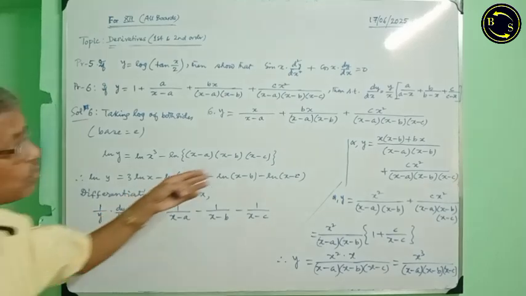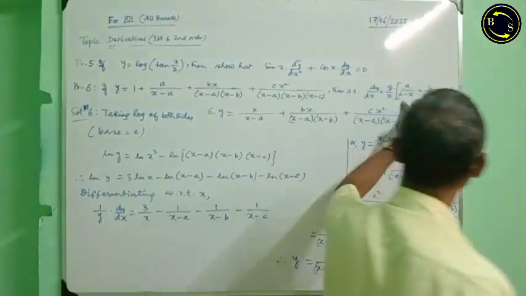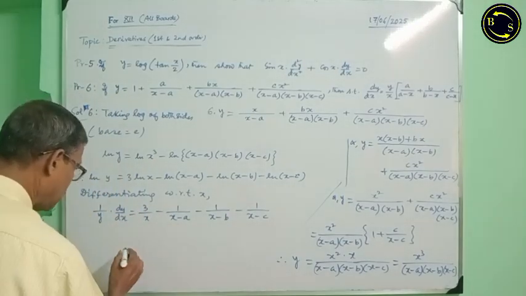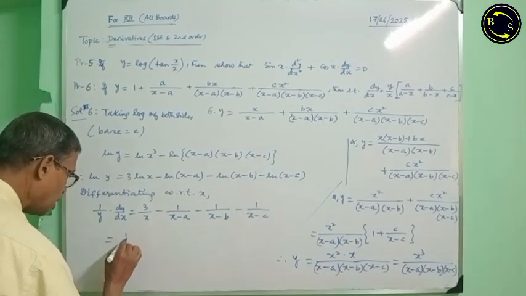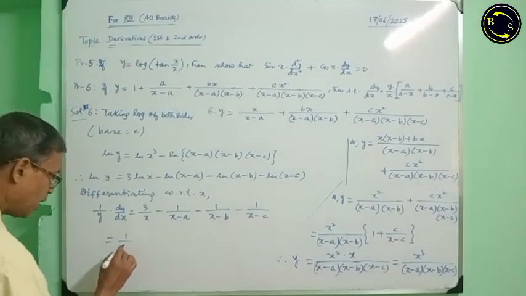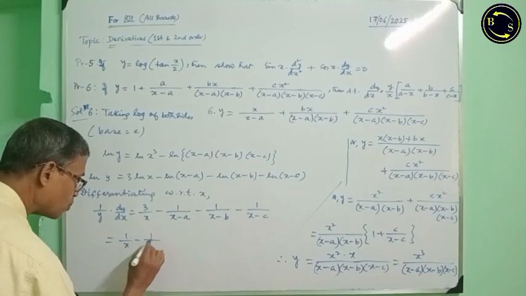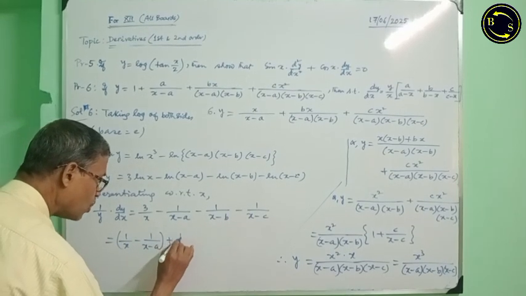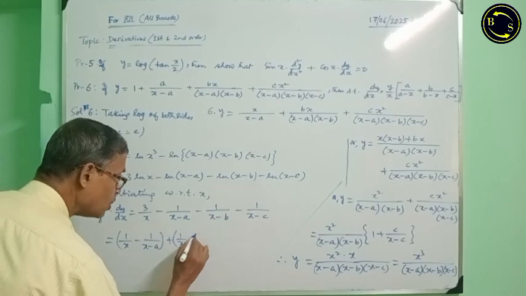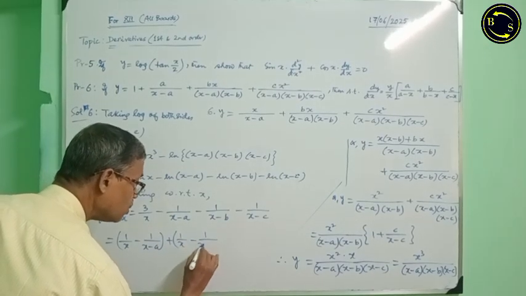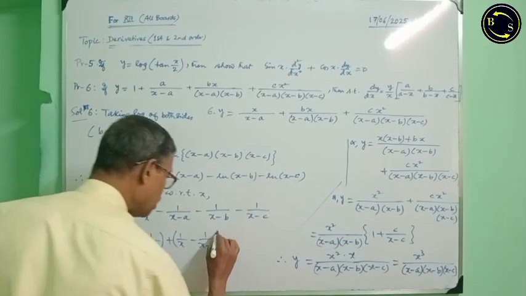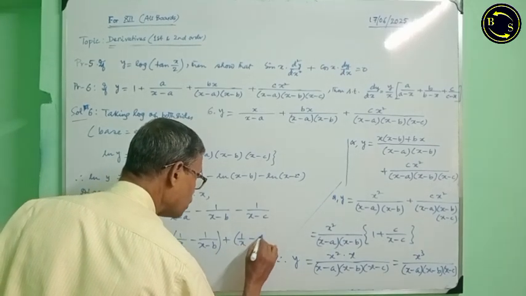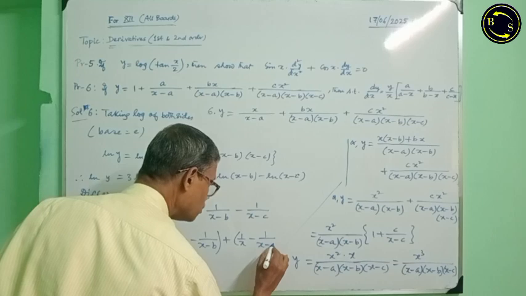Now we have to show this one, and here we get 3 by x. Now you see, I take 1 by x with the first one, next 1 by x with the second one, and the third one is taken with this one.